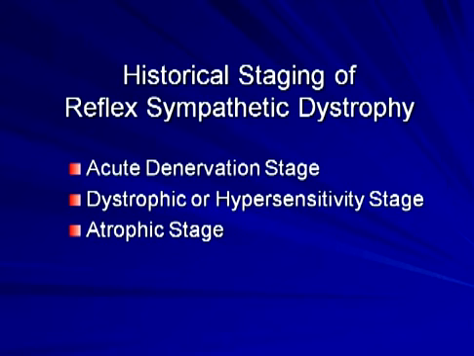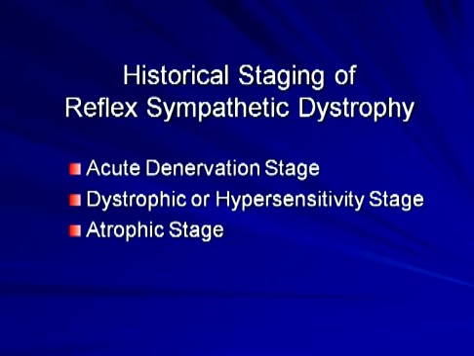They may have acute denervation, they may go into a hypersensitivity dystrophic stage, but then they may reverse and decrease the dystrophy and the hypersensitivity and get some functioning back. So it wasn't absolutely correct that patients automatically went from stage 1 to stage 2 to stage 3.